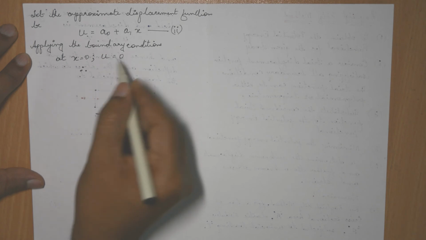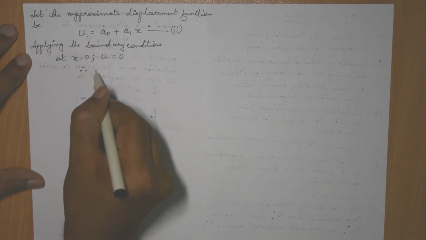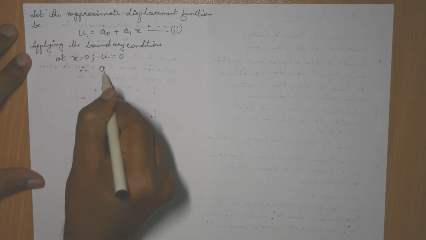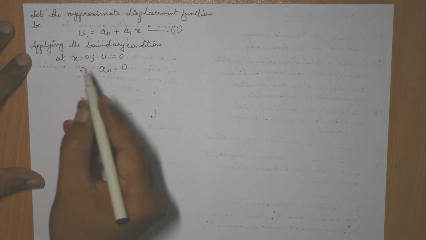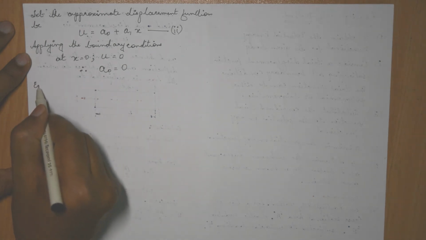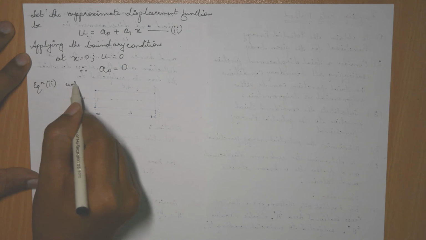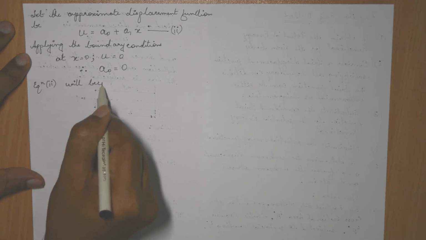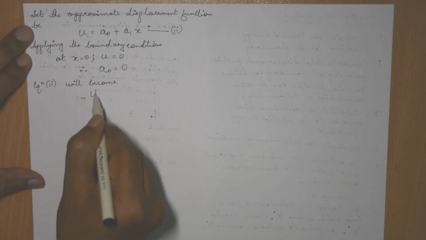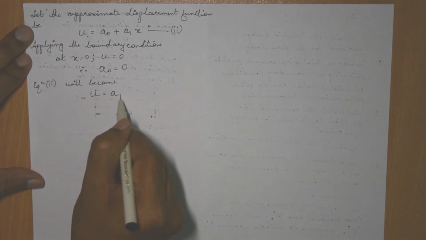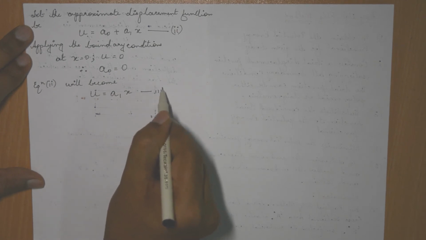Therefore, in equation 2, when U is 0 and x is 0, A0 will be equal to 0. This is the first value of the coefficient. So equation 2 will become U equals A1 into x, since A0 is 0. Let me call this equation 3.